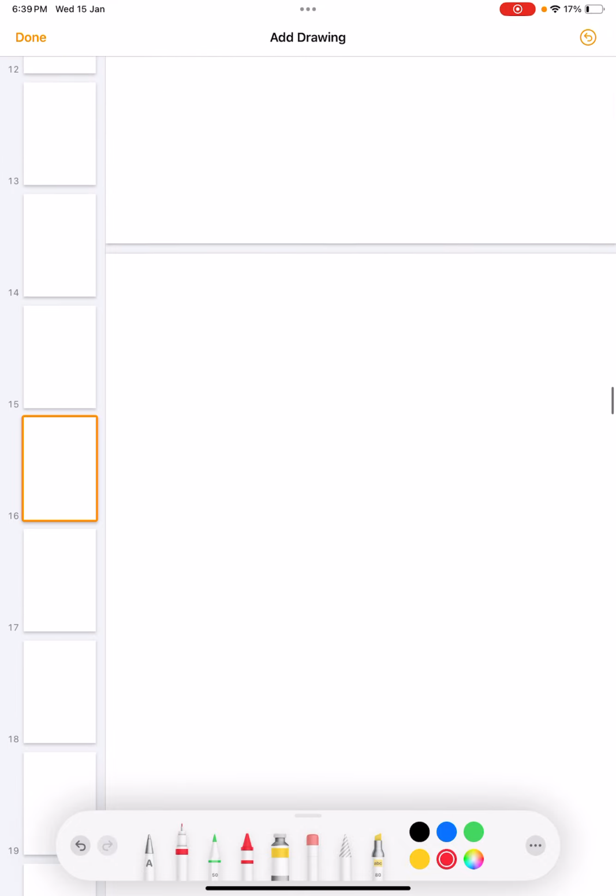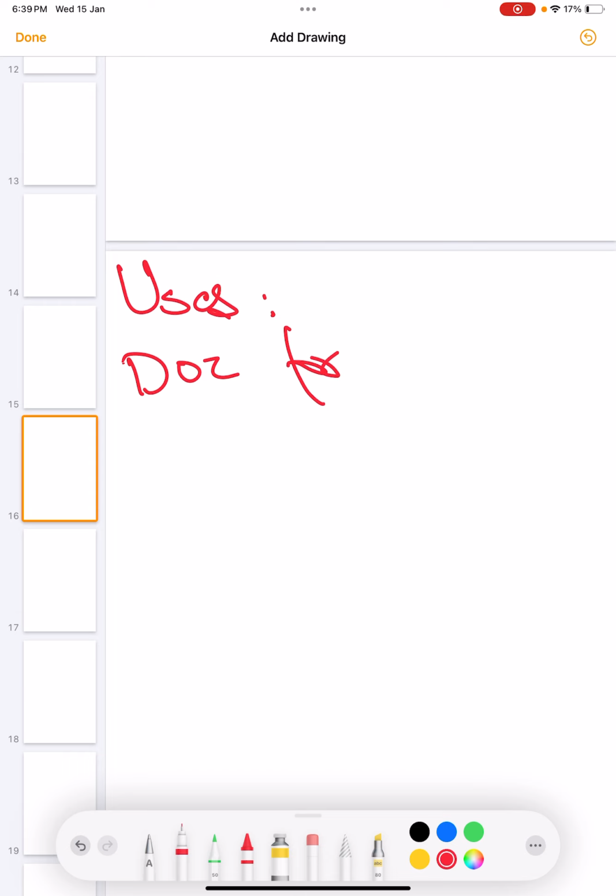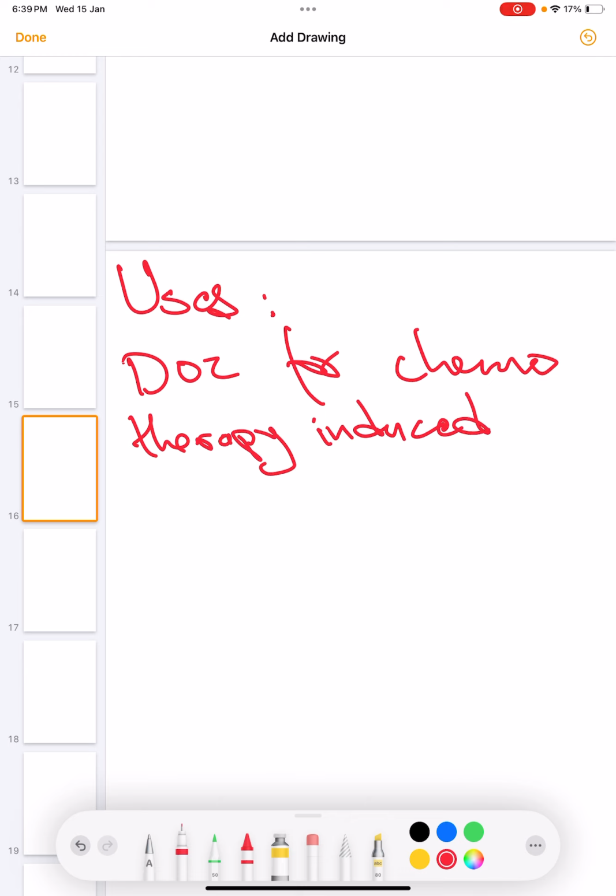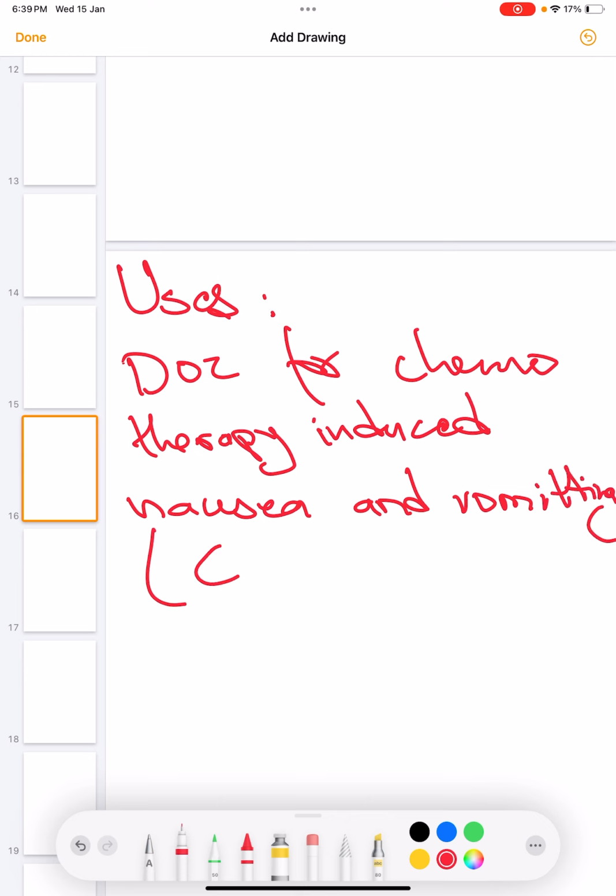Now, what are the uses of these drugs? They are the drug of choice for chemotherapy induced nausea and vomiting, that is CINV.